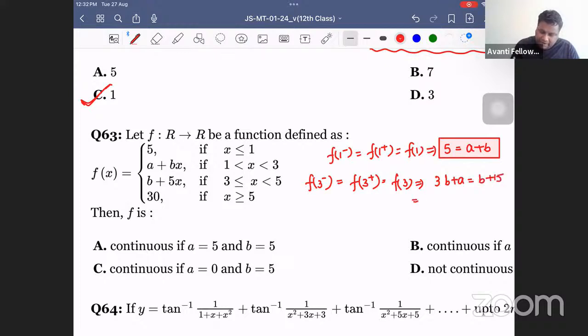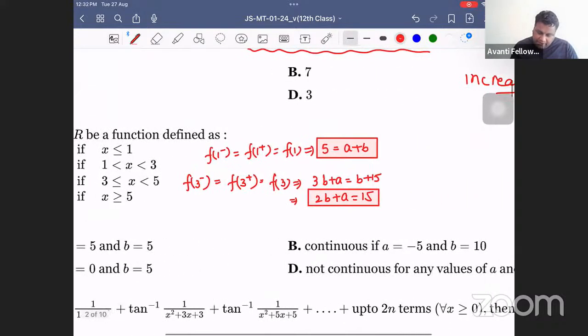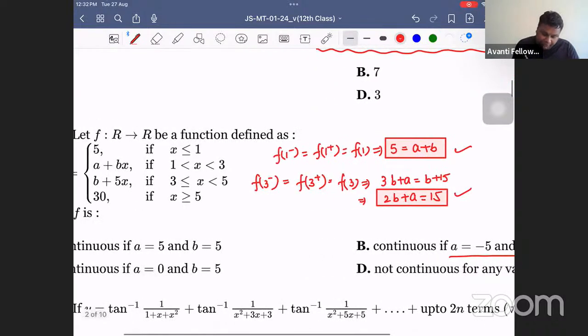So from there I get another equation, 2b plus a equals 50. Got it? Now if you realize, a equals minus 5 and b equals 10 satisfies these two equations.